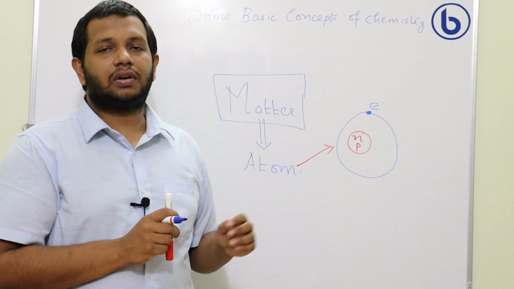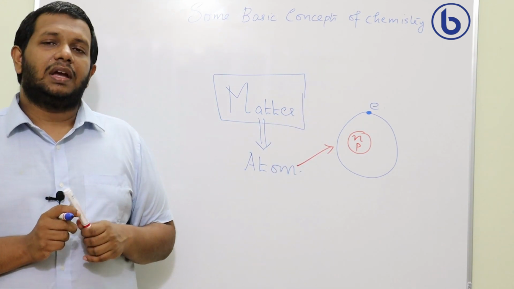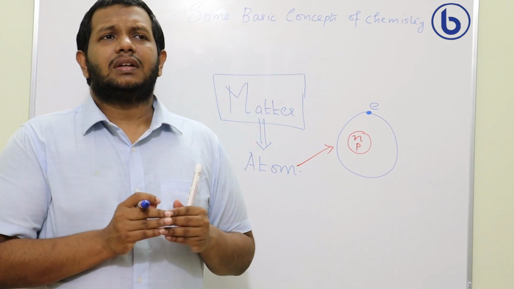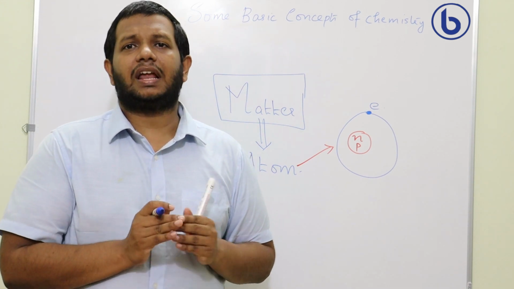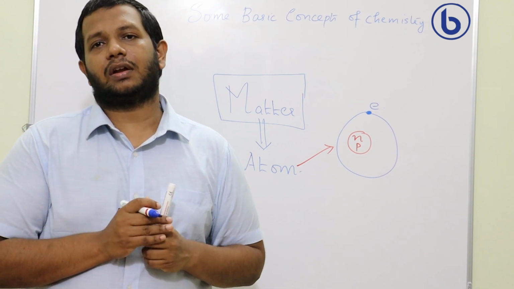Then we have the d and f block elements, and finally the p-block elements. It is estimated that about 78% of the elements are metals and the remaining are non-metals.